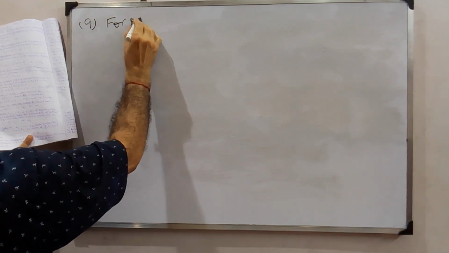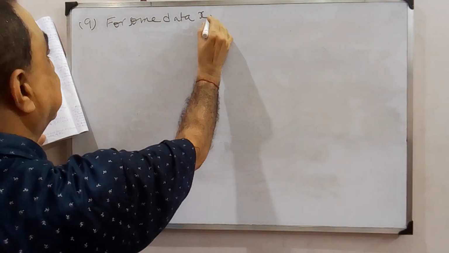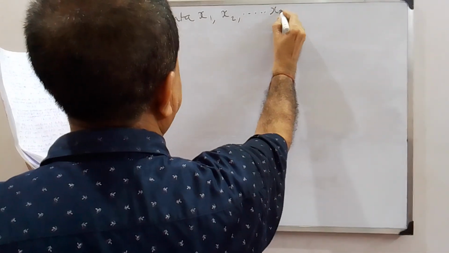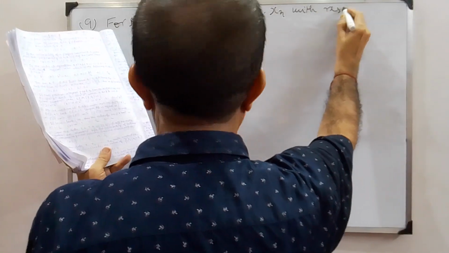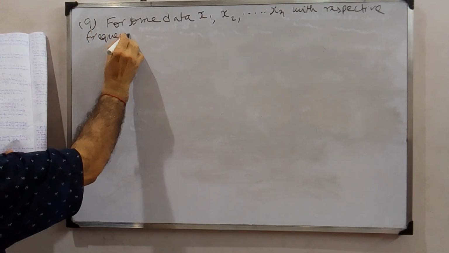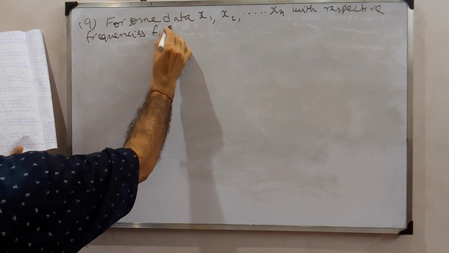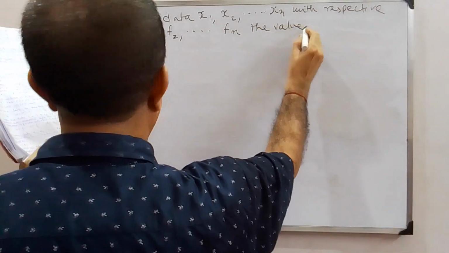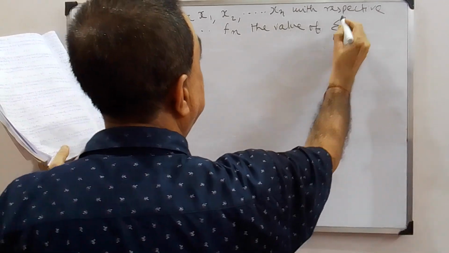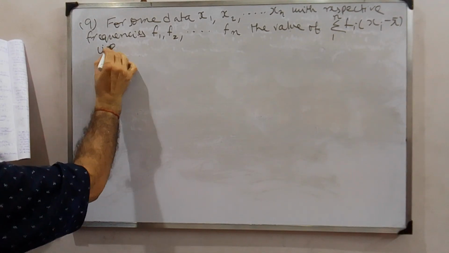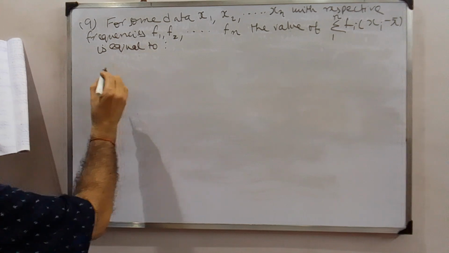For some data x1, x2, up to xn, with the respective frequencies f1, f2, up to fn, the value of summation i equals 1 to n of fi multiplied by (xi minus x dash), where x dash represents the mean, is equal to... So here the four choices are given.